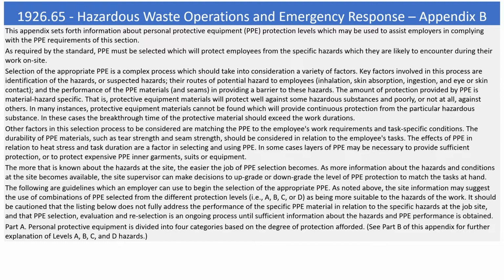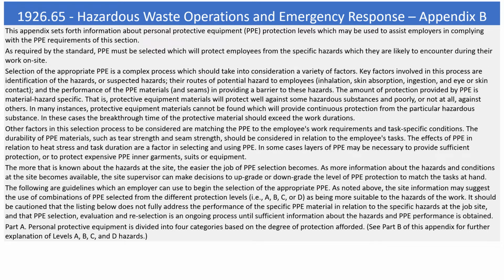In some cases, layers of PPE may be necessary to provide sufficient protection, or to protect expensive PPE inner garments, suits, or equipment. The more that is known about the hazards at the site, the easier the job of PPE selection becomes. As more information about the hazards and conditions at the site becomes available, the site supervisor can make decisions to upgrade or downgrade the level of PPE protection to match the tasks at hand.